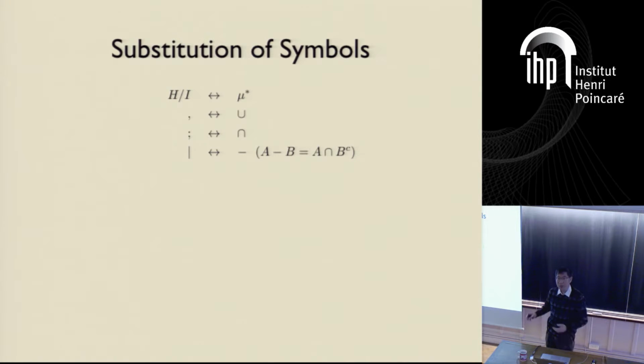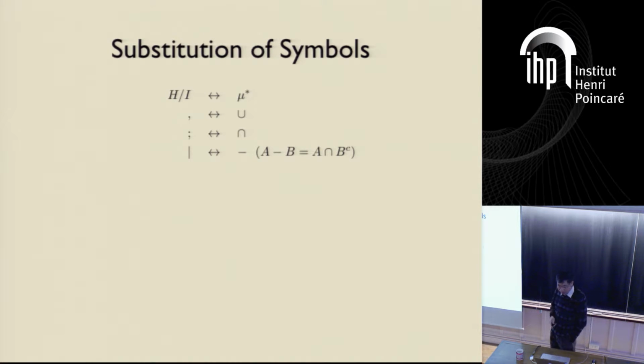Now, how does this one-to-one correspondence work? This actually came from the work of Hu Guo Ding in 1962. Whenever you see H or I, well, in information theory we like to distinguish entropy and mutual information, but mathematically there's not much of a distinction between the two. So either it's H or I, you replace it by mu star.